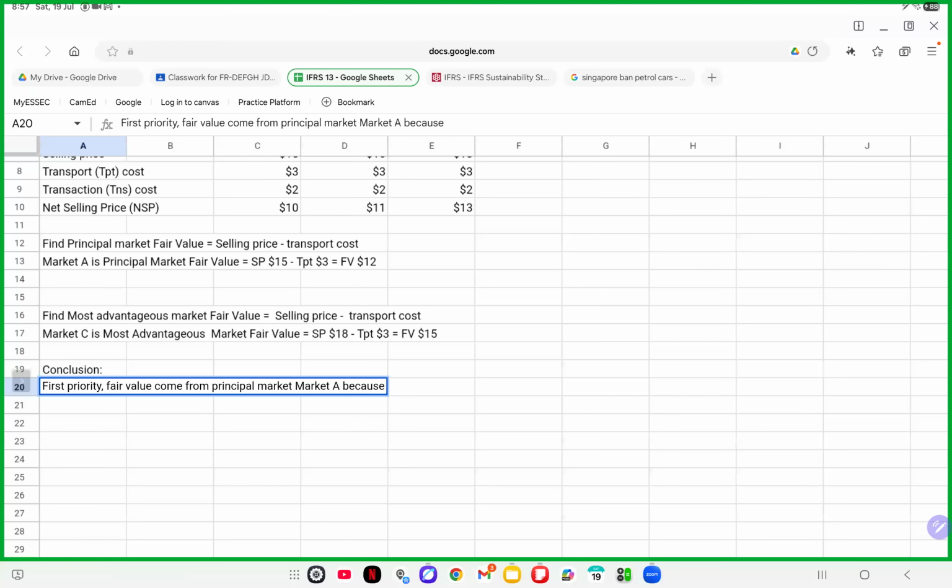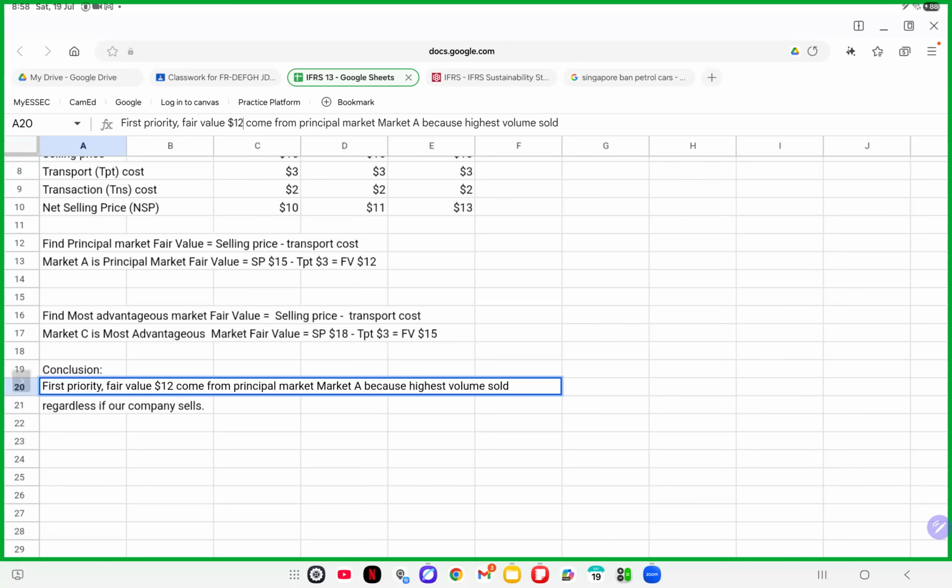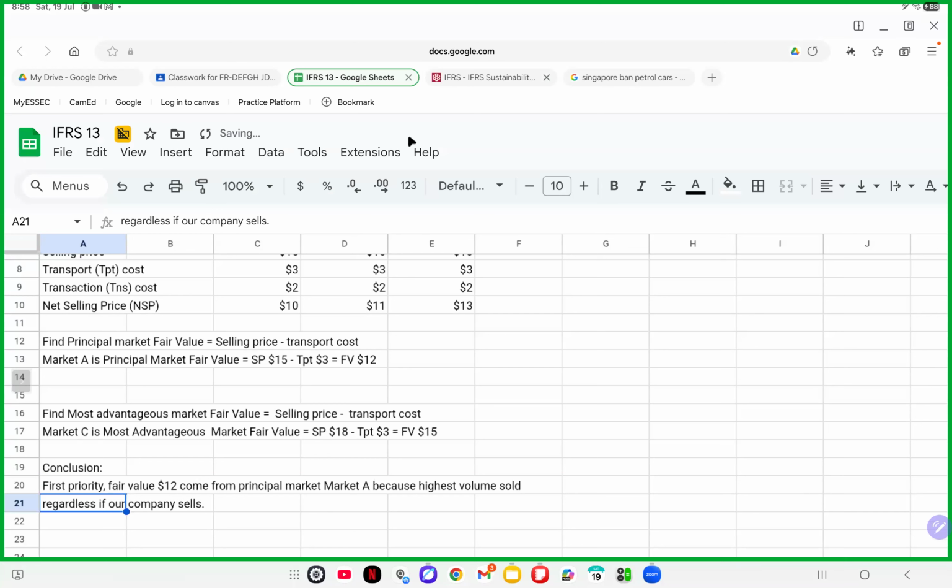Because it has the highest volume sold, regardless if our company sells or not. So how much is the fair value? In this case, the fair value is $12. Fair value of $12 comes from the principal market.